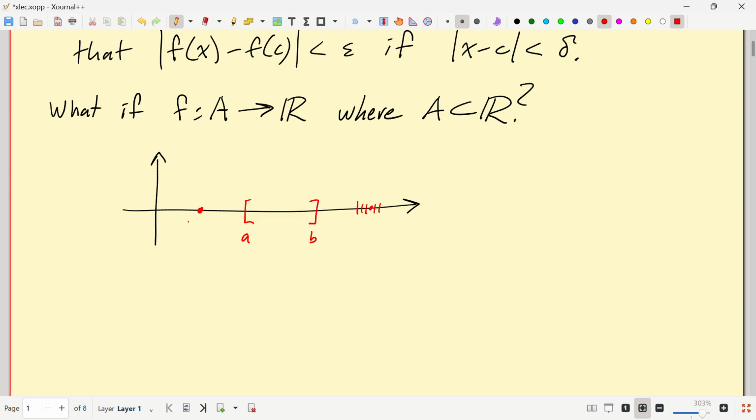So let's call this an x naught. And a continuous function on that might, right here, just be a value. And so being continuous at x naught, which is an isolated point in A, this red set is the A, wouldn't make sense. I mean, anything's continuous. You can give it any value there. When you get close to x naught, there is only one point that's close to x naught, that's x naught.